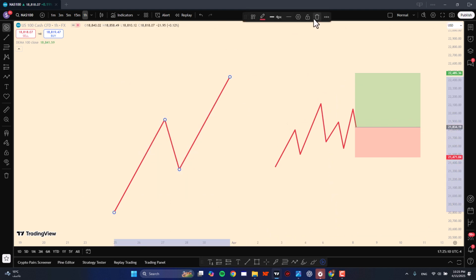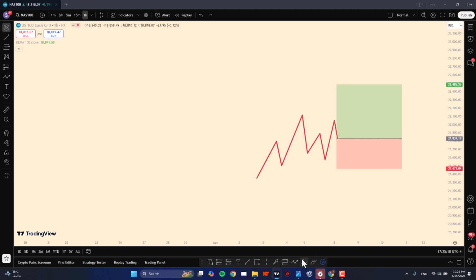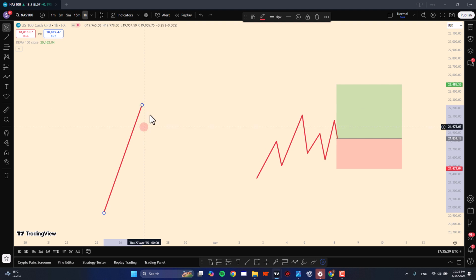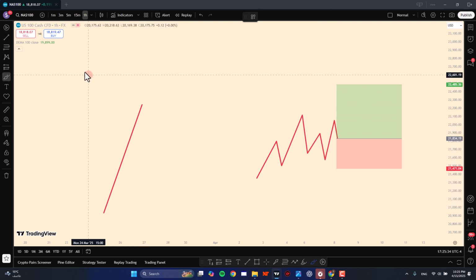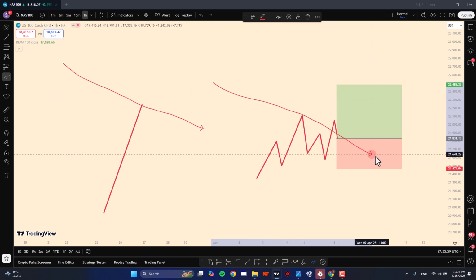I also look at the EMA 100. Suppose that on the 1 hour, this is the move to the upside, right? This is the 1 hour trending to the upside. Price is touching the EMA 100, something like this.